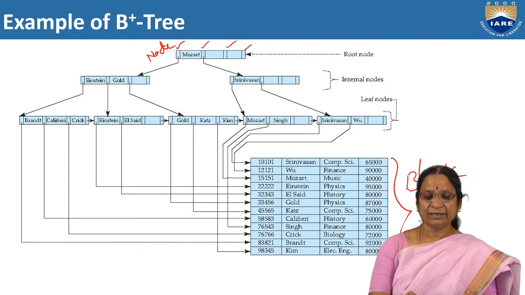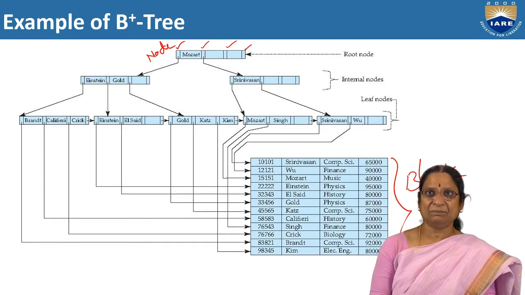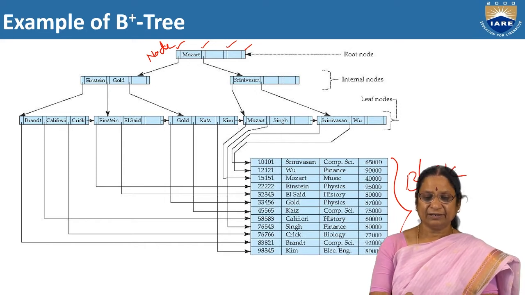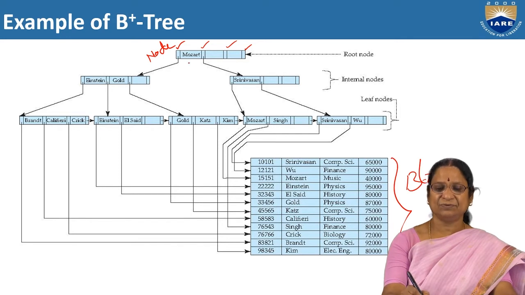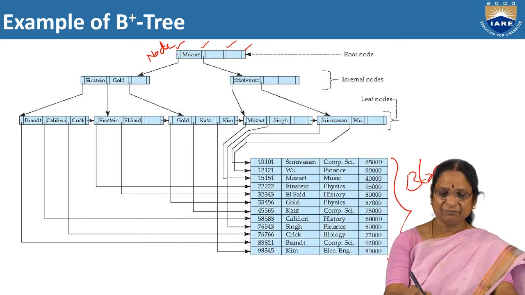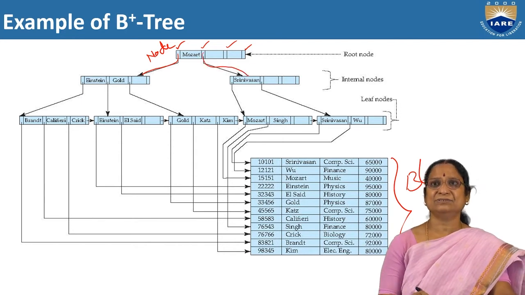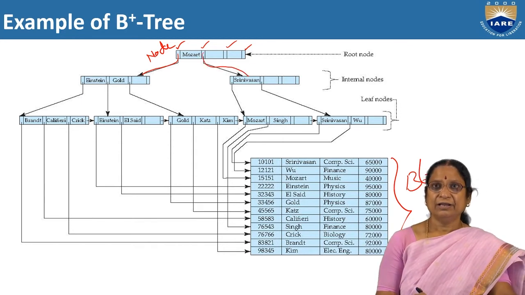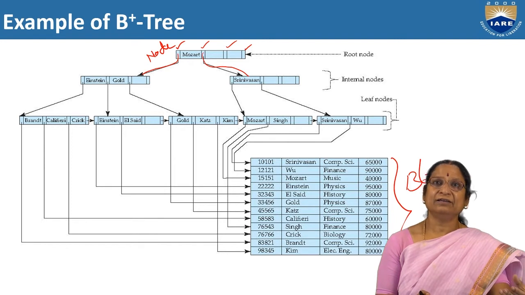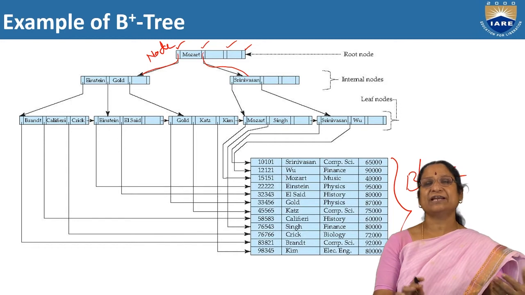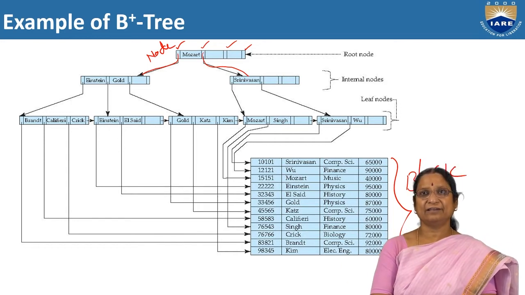So when we are organizing our data using a B plus tree, observe here the first name starts with M. Values less than M will be pointing to this subtree and values greater than M will be pointed to by this subtree. This is the same as binary search trees used for storing our data, where each node has a left child with values less than, and a right child with values greater than or equal to.